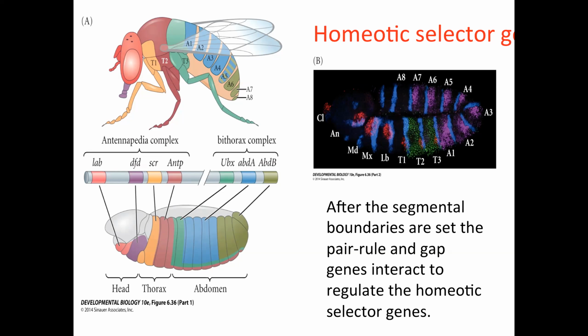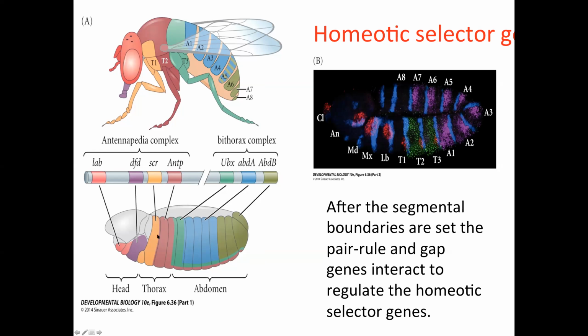Even though they have been specified and determined, these homeotic genes can override that information and redetermine what they can be, what they should be, depending on the homeotic gene.